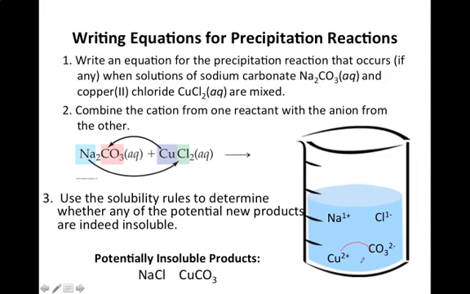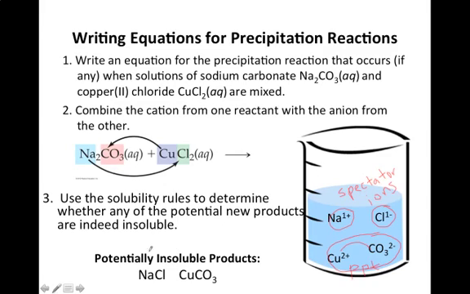Copper and carbonate will form copper carbonate as a solid species, and that is referred to as a precipitate. Now, sodium and chlorine don't do anything. They are just spectator ions. They stay in solution.